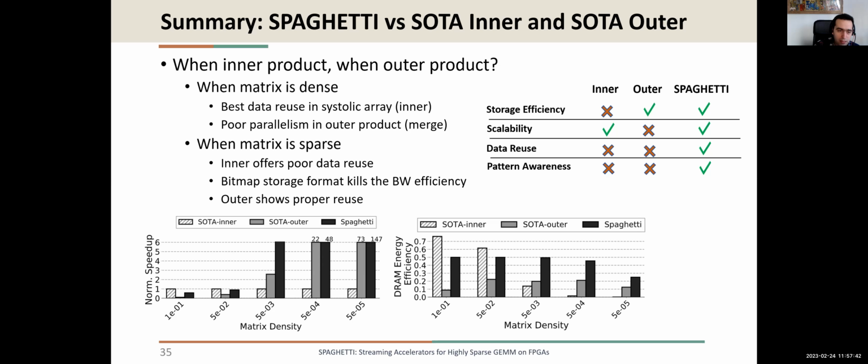So everything depends on the level of sparsity, and we cannot propose one solution, one architecture for the whole design space, any tensor of any level of sparsity.